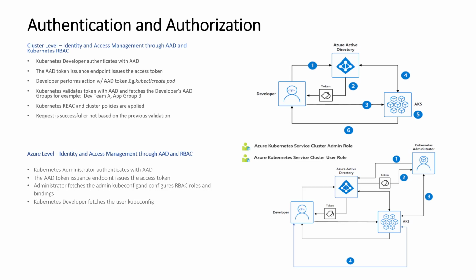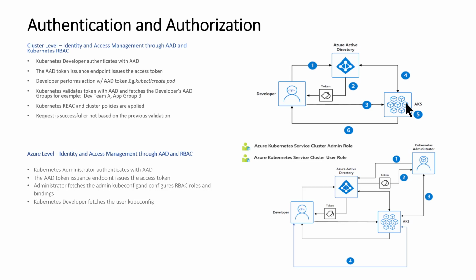But this particular slide, on the top portion, is showing you the developer perspective, which is also taking advantage of Azure Active Directory authentication, as well as AKS RBAC, right? So if you see here, this flow is very simple. The developer comes in and the request goes to authenticate to Azure Active Directory. Azure Active Directory gives the token to the user. The user takes the token and presents it to the AKS cluster.